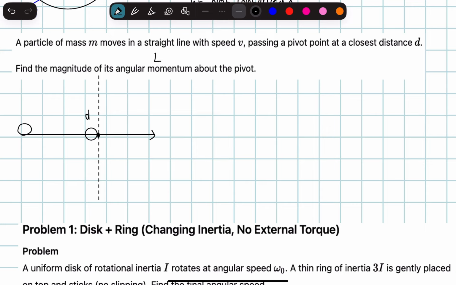The momentum is perpendicular to r, and from that, we know that sine of theta is equal to 1. Therefore, L, your angular momentum, is just equal to m times v times d.